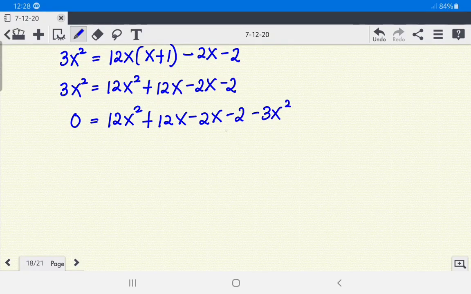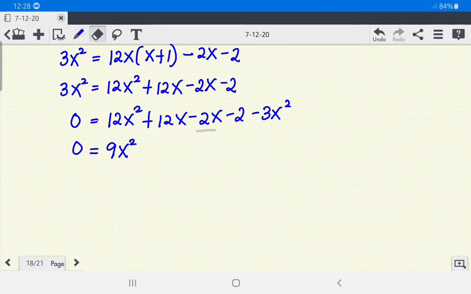Okay, from positive, make it negative 3x squared, or you subtract 3x squared on both sides of the equation. Then 0 equals to, we collect like terms or combine similar terms. We have 12x squared and then negative 3x squared. So that is 9x squared.